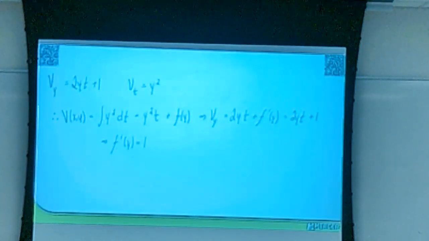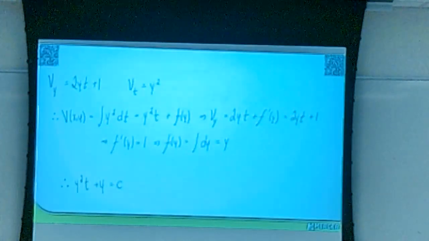Just 1? f would just be y. y squared t plus y is equal to 6.